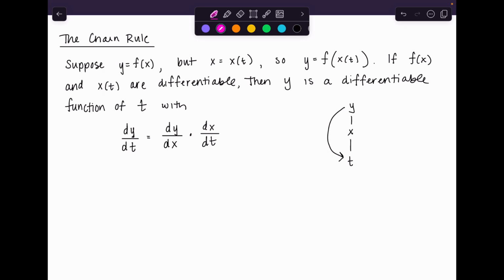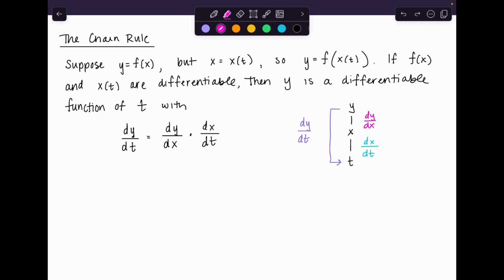This first branch is the derivative of y with respect to x. And then the second branch is the derivative of x with respect to t. So if I want the derivative of y with respect to t, I just go ahead and multiply the things along that particular path. Okay?